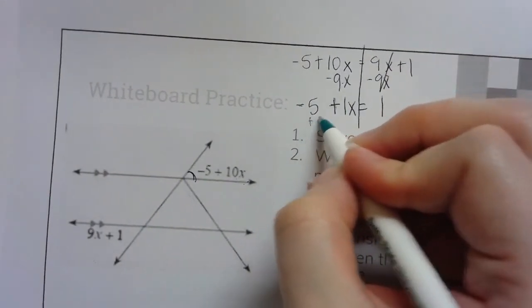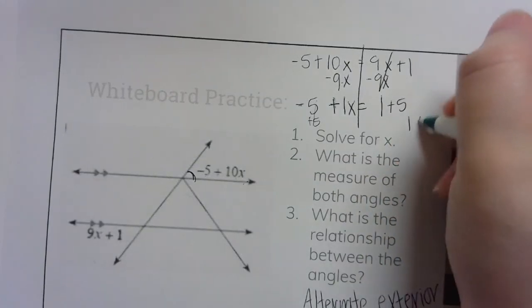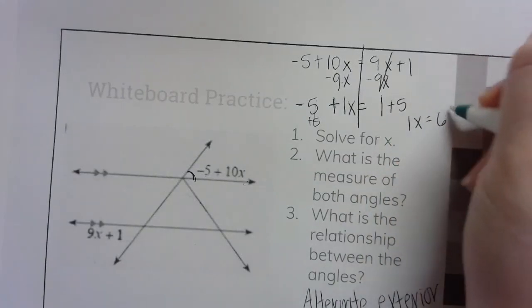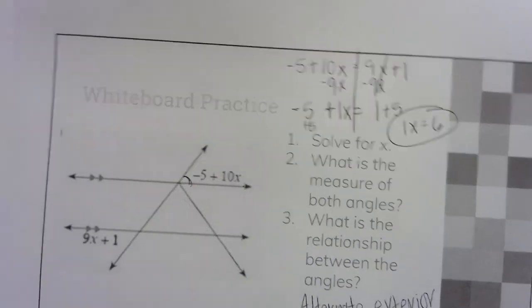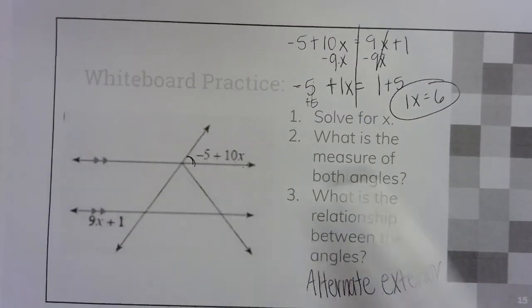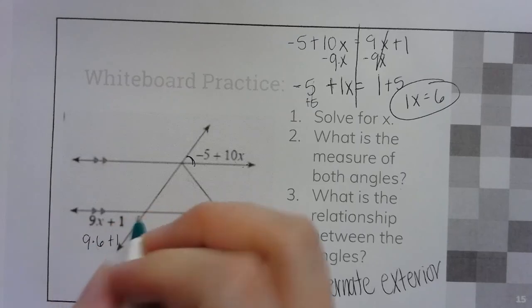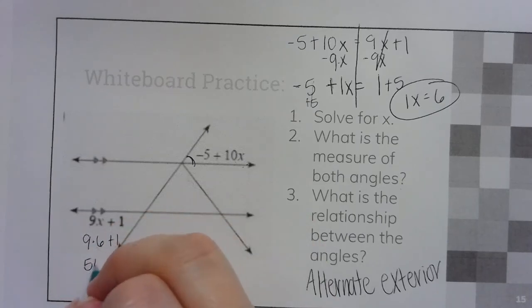I add 5 to both sides. So 1x, or just x, equals 6. So now that I have that, I can sub it into one of my angles because they both measure the same. I can say 9 times 6 plus 1. 9 times 6 is 54, plus 1 is 55.